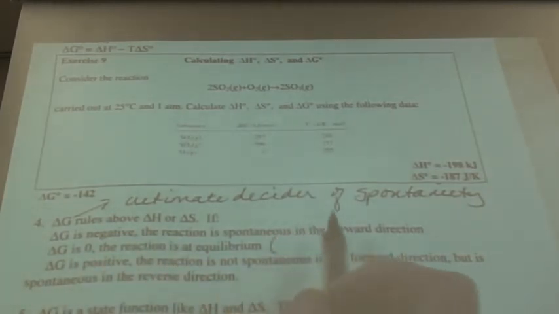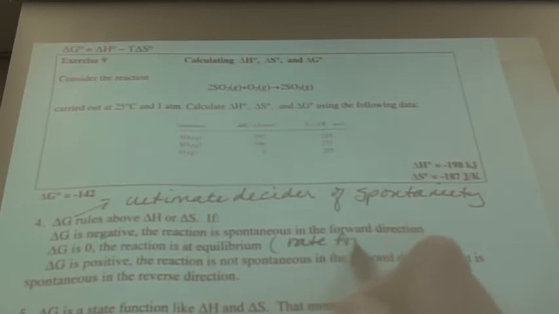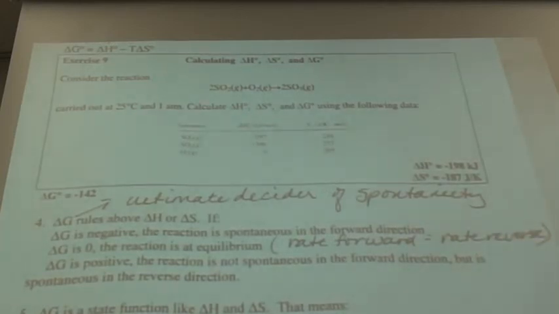You don't know that yet, but it's at equilibrium. The rate of the forward is equal to the rate of the reverse, which is something we'll get into. So if it's negative, the reaction is spontaneous in the forward direction. If it's 0, it's at equilibrium.